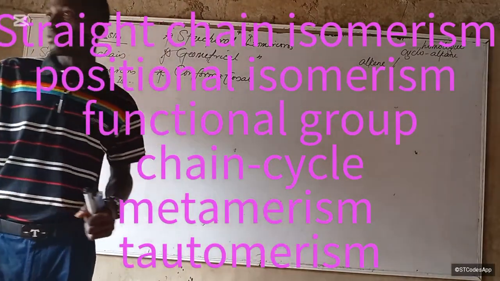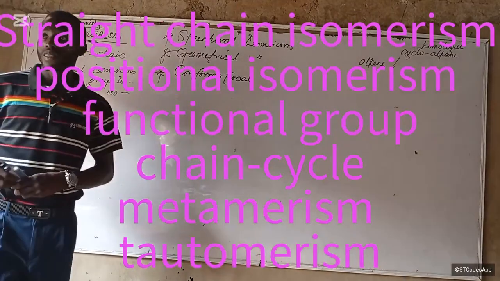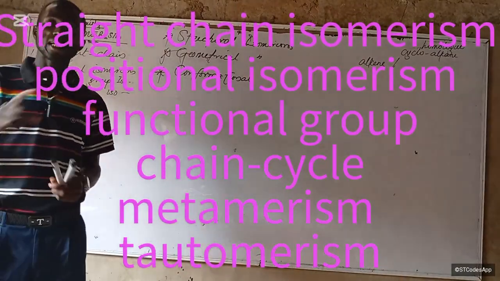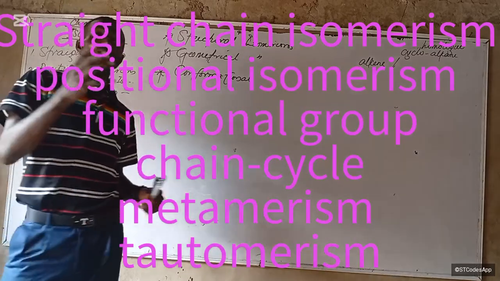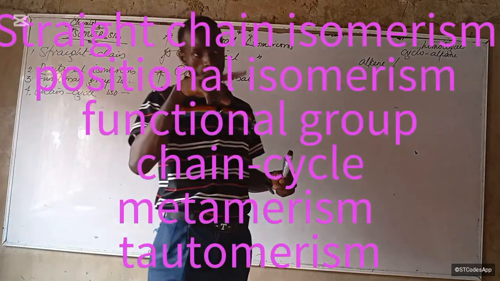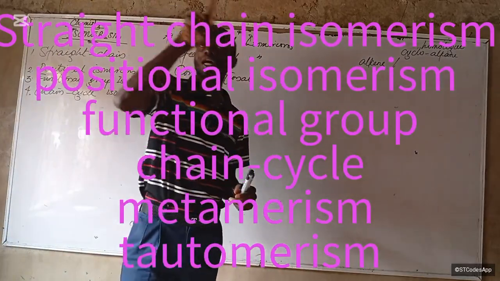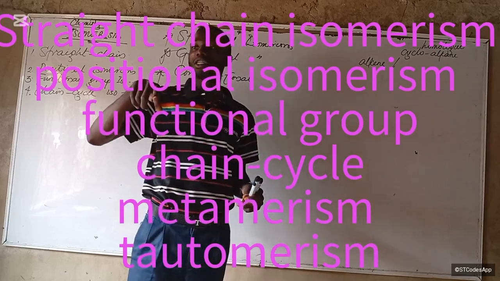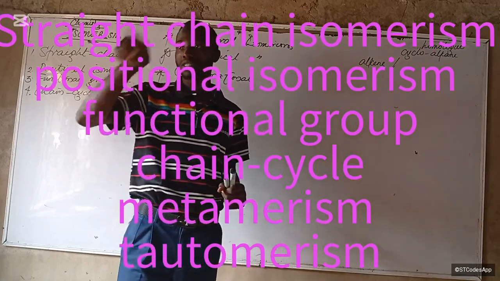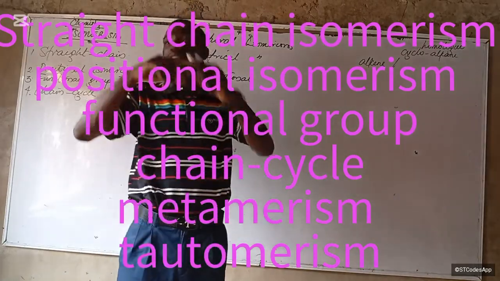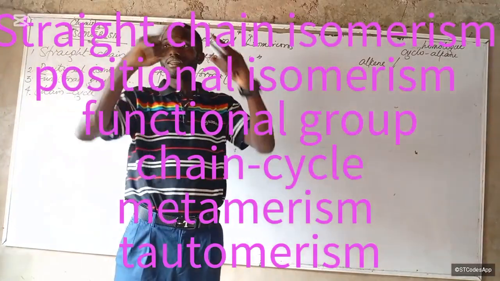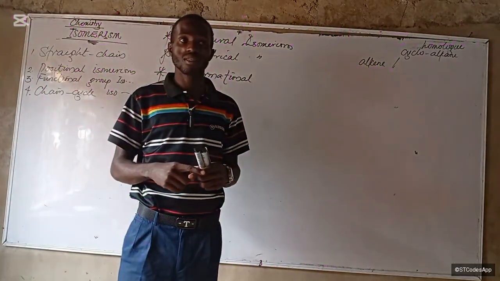So I will show you that. The simplest cyclical alkane is what? What's the simplest plane shape that has borders?